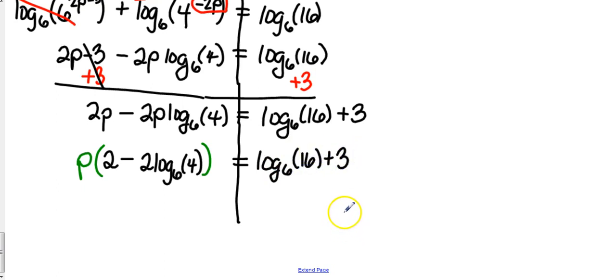And now how can I finish solving for p? Well, to finish solving for p, we can divide this over. So I'm going to divide both sides by 2 minus 2 log base 6 of 4.